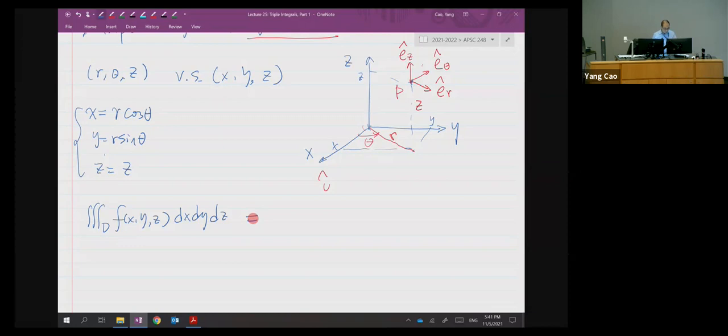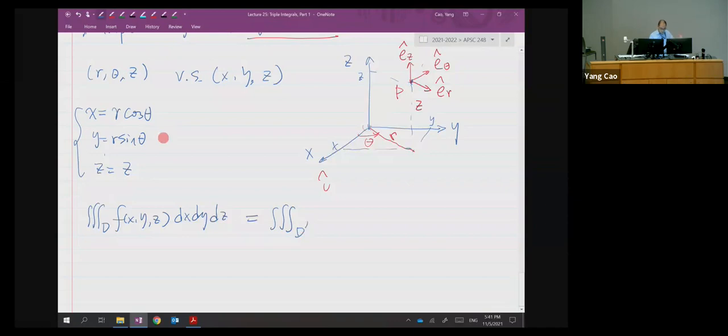So you're changing variables from x, y, z to r, theta, z. So technically, I can quickly use the Jacobian, the change of variable formula, to give us a new formula here. When you change from x, y, z to r, theta, z, the region D could possibly transform to a different shape. But in this case, usually they don't, okay?